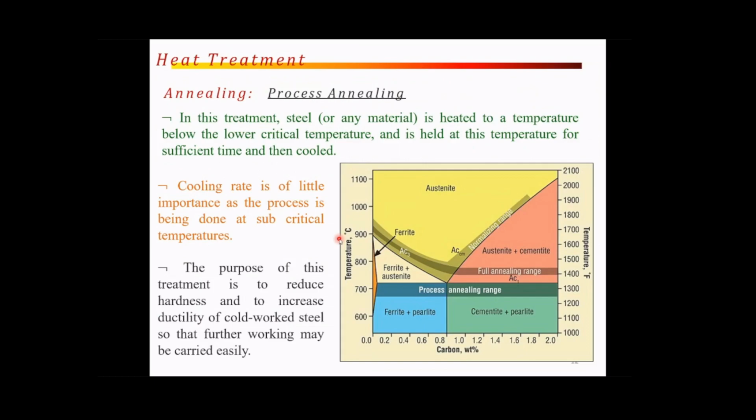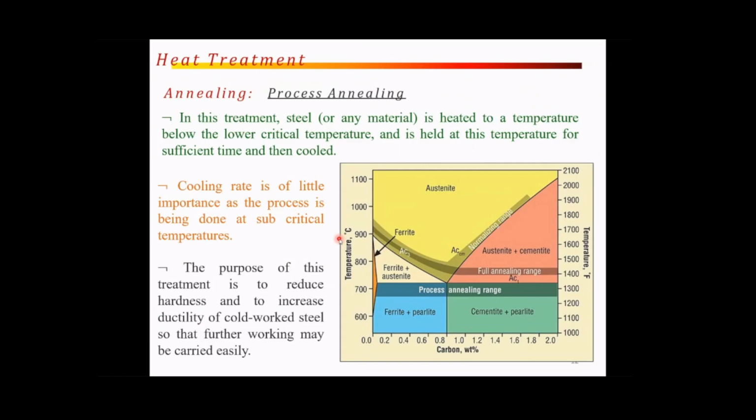First, we are going to see process annealing. Process annealing means heating the steel up to just below the lower critical temperature, that is 723 degrees Celsius.